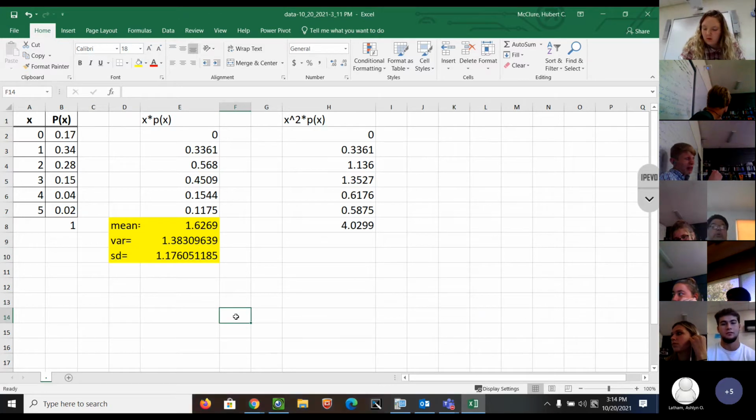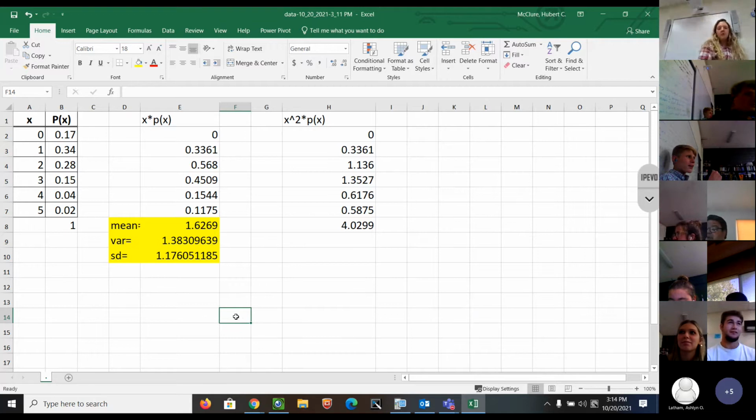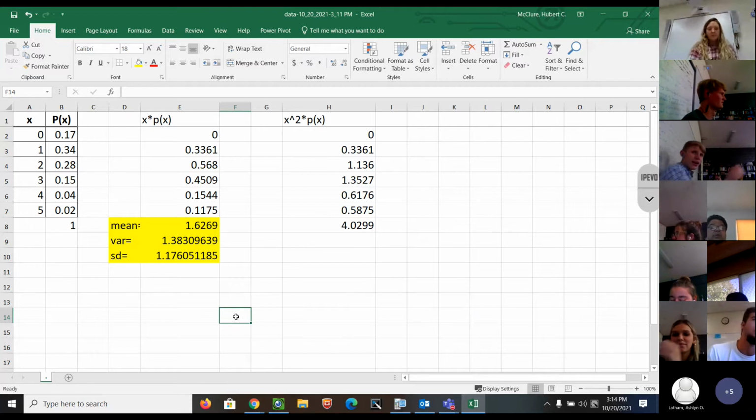So 1.6269 and 1.383, that's the variance, 1.38309639, and the standard deviation is 1.176051185.